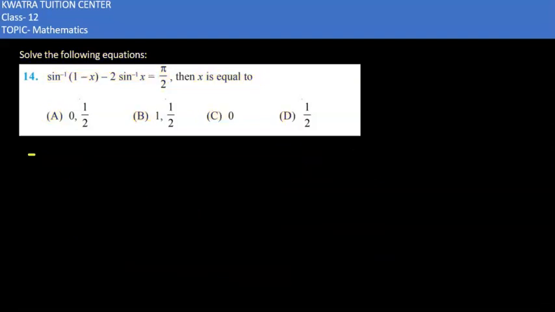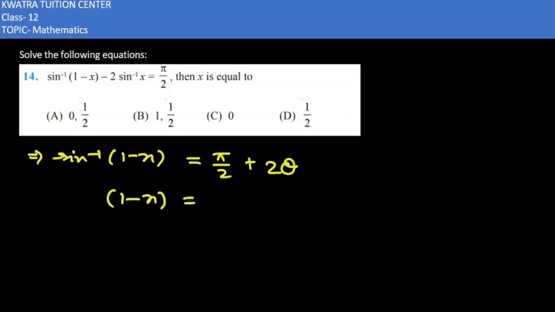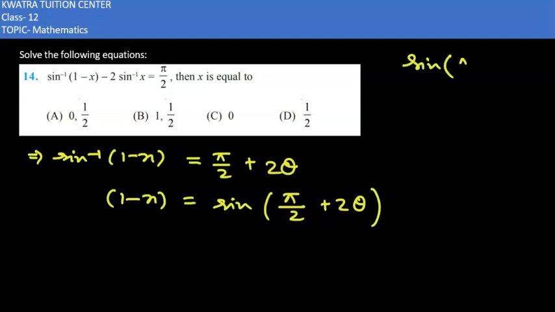So here we have sine inverse (1 minus x) equal to pi by 2 plus 2 theta. In terms of 1 minus x, this will be sine of (pi by 2 plus 2 theta). As you know, sine of (pi by 2, which is 90, plus theta) is equal to cos theta.